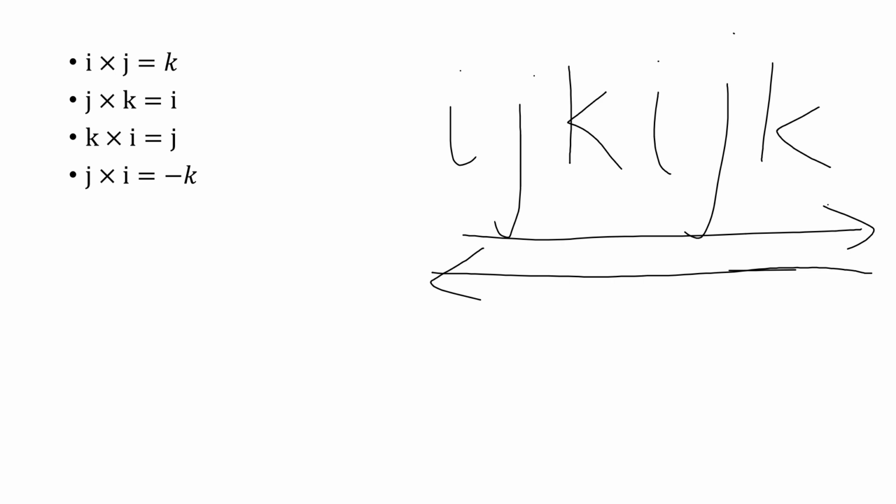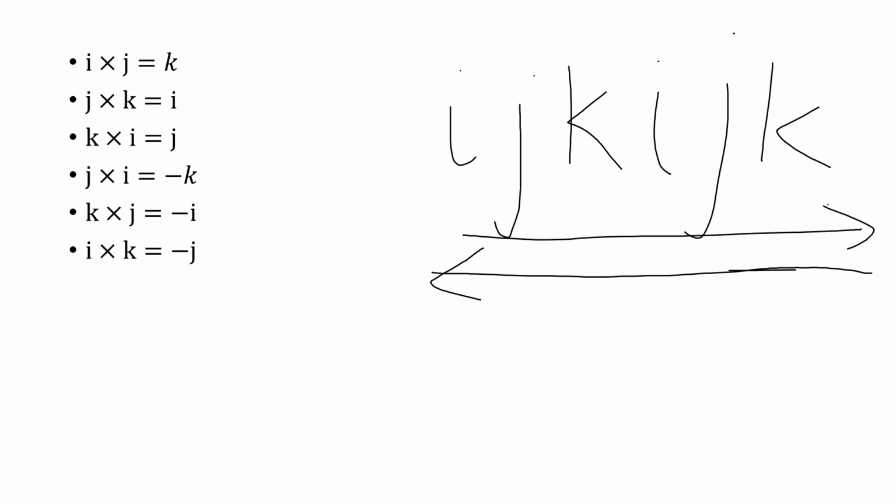Rather, it is anti-commutative. So if I cross J is giving us K, then J cross I will give us negative K. That's the anti-commutativity of vector product. So K cross J will give us negative I, and I cross K will give us negative J.